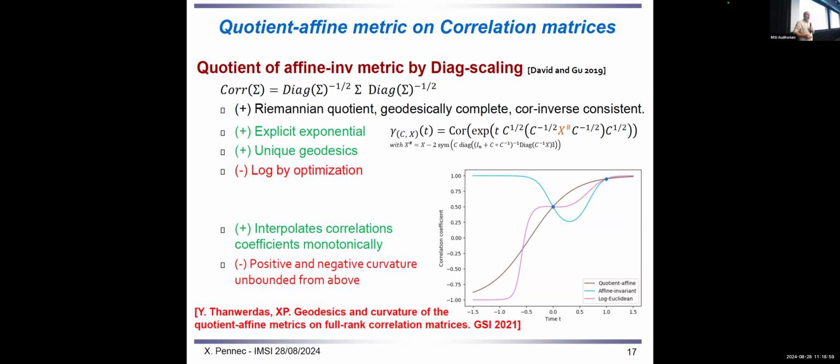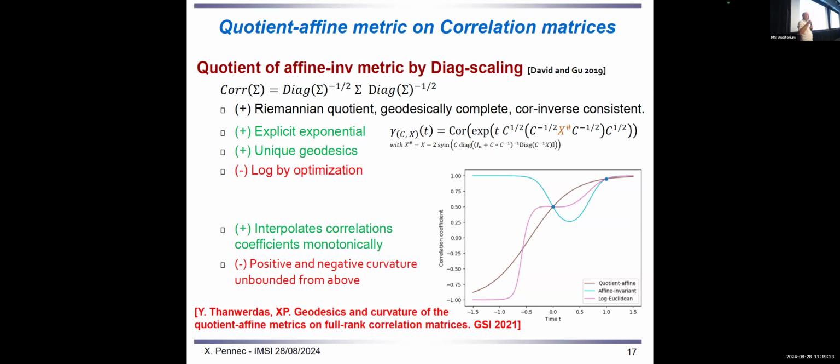There's no boundary. And it has some other properties. And after a long work, Jan was able to establish the formula for the exponential map. Once again, it's the fact that we can implement it that is important. And more recently he was even able to show that there are unique geodesics.